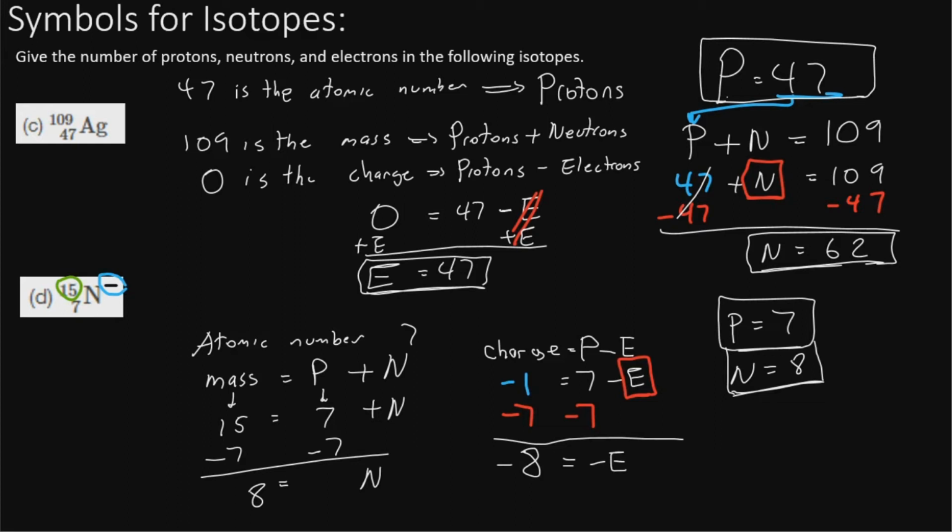Now, all we need to do is get rid of both of these negative signs by dividing both sides by negative 1. Negative 8 divided by negative 1 gives us an electron count of 8. And so this is how we find the protons, neutrons, and electrons for both of these isotopes.